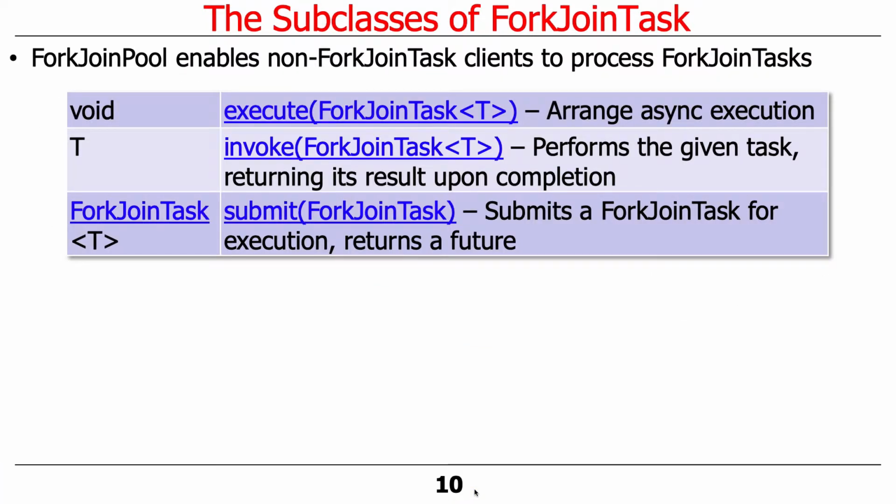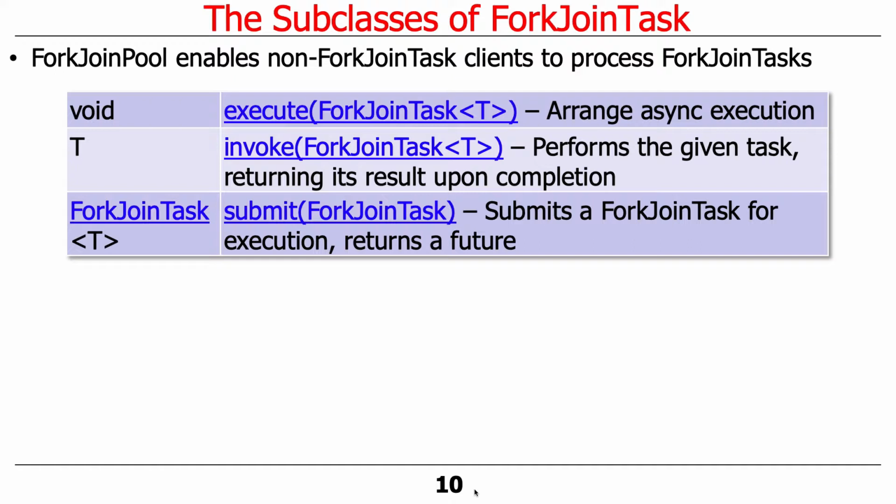Now, there's a bunch of different methods on ForkJoinPool. It implements the various executor service methods, so you can go ahead and execute callables and runnables. But by far the most common and useful things for it to do are execute various ForkJoinTasks or invoke, submit, and so on, various ForkJoinTasks. And there's a couple of different ways to look at this.